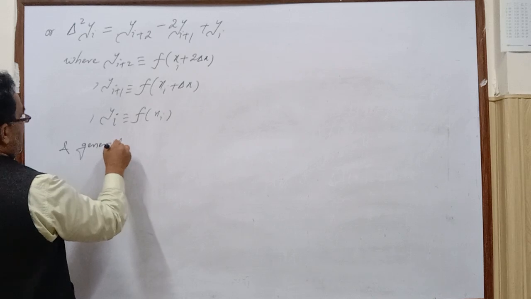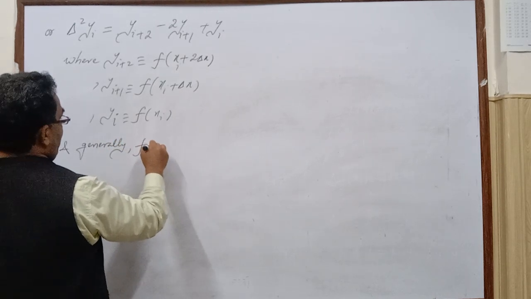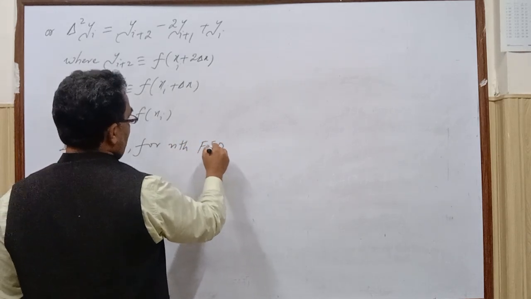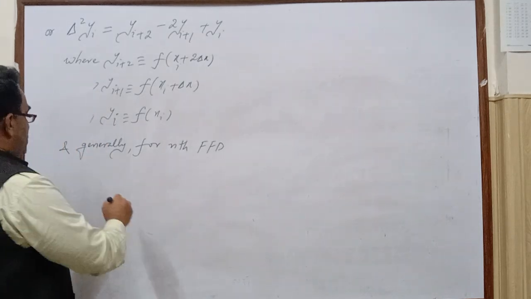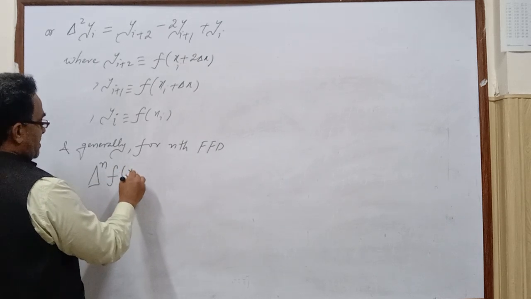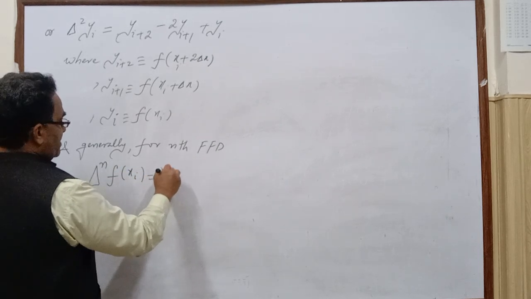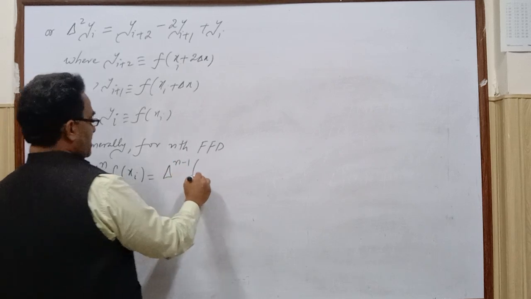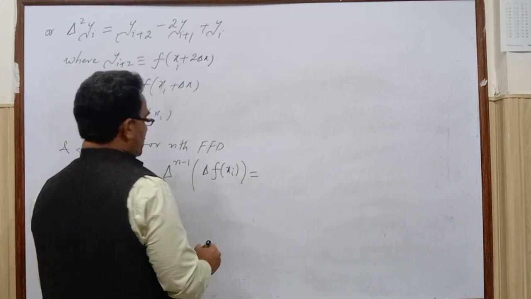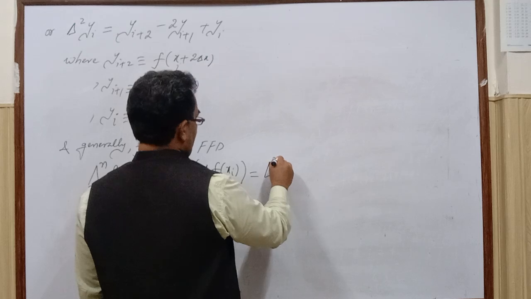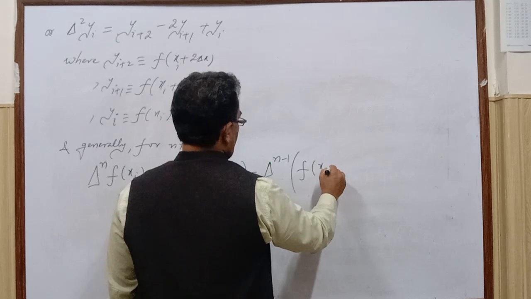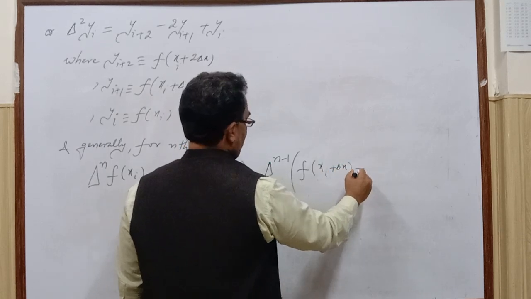So this is the effect of delta 2 yi, and generally for nth FFD, FFD stands for forward finite difference, delta n f of xi can be written as delta n minus 1, and inside will be delta of f of xi, which produces delta n minus 1, and inside we will be having f of xi plus delta x minus f of xi.